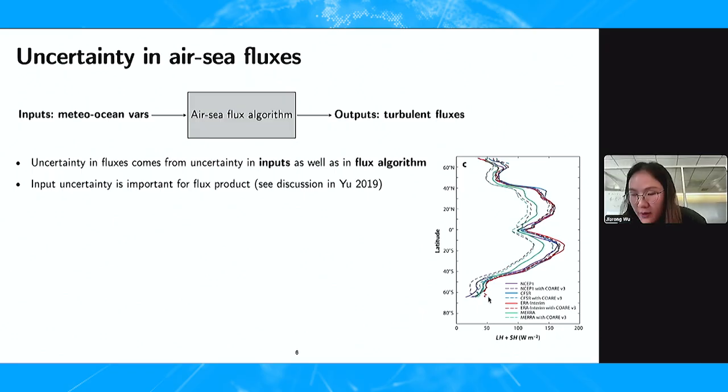Here, the different colors are different input sources, and between the dashed and the solid lines are if you use different flux algorithms. And this is the zonally averaged latent plus sensible heat flux. So we see that there is discrepancy even when you use the same source of input but different flux algorithms.